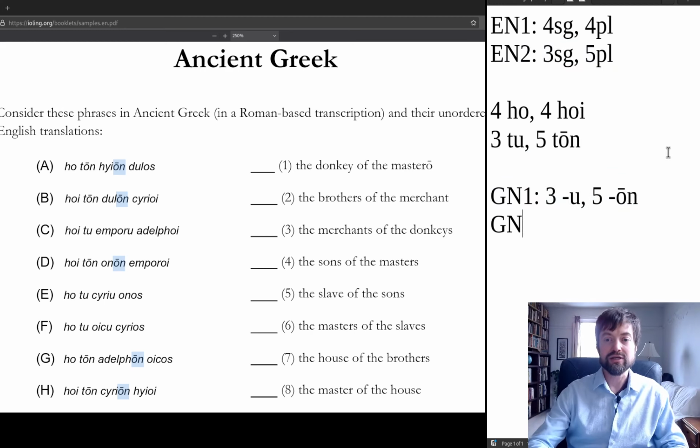And I have to guess that for number 2, we're going to have 4 and 4. So we have the os. So we have 1, 2, 3, 4. So we have 4 os and we have 4 oi.